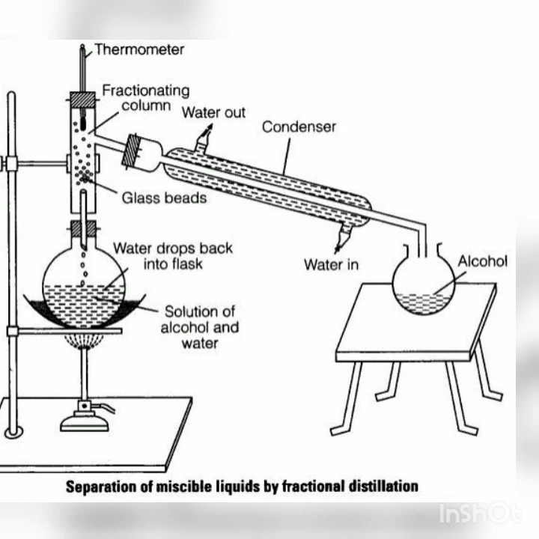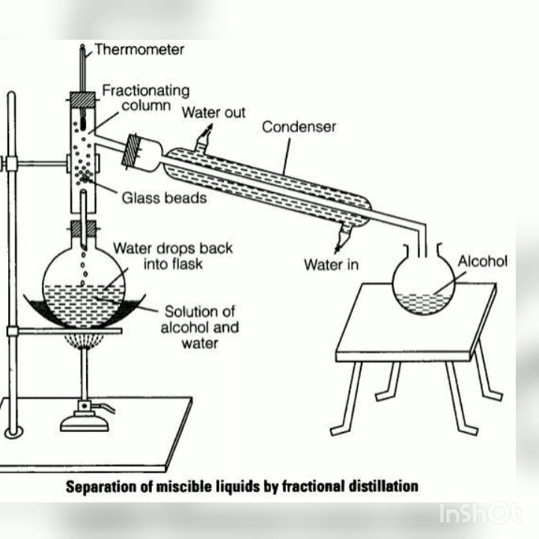This column is made up of a large vertical glass tube having glass beads in it. These glass beads increase the time and provide a large surface area for hot vapors to condense repeatedly.